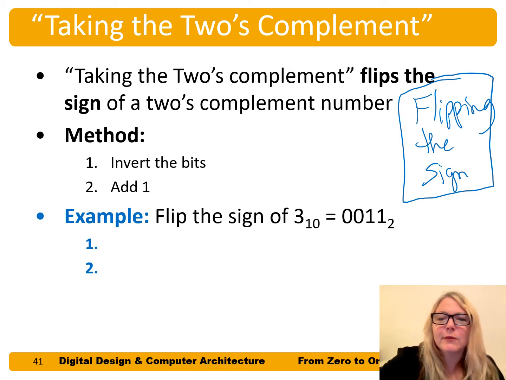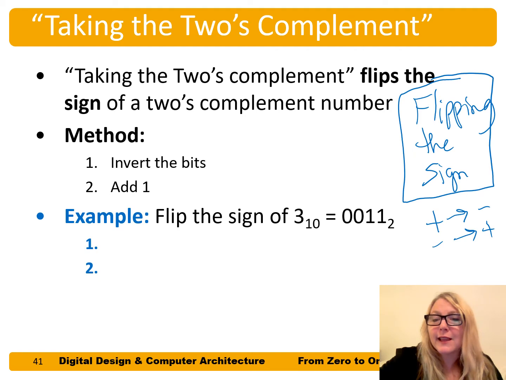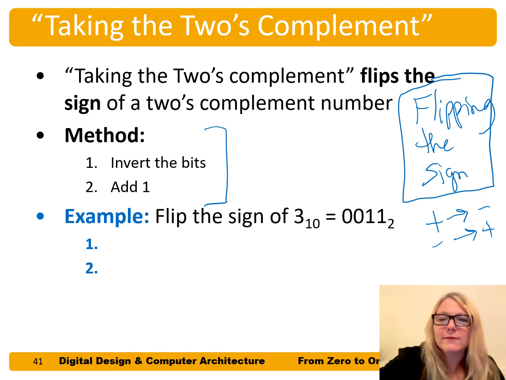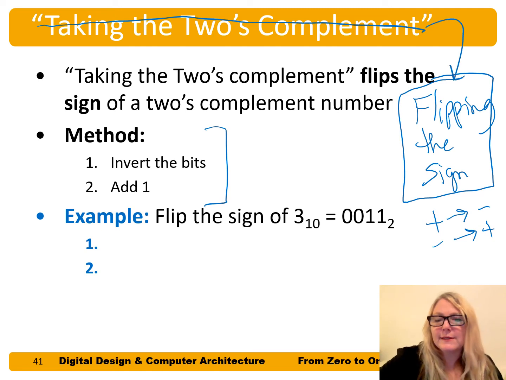It just flips the sign and keeps the magnitude the same. And the method is to invert the bits and add 1.